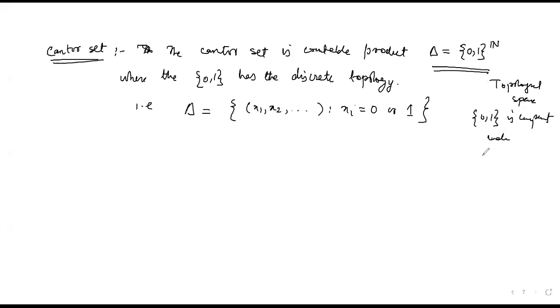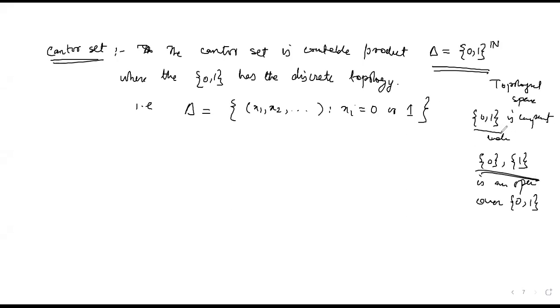In the discrete topology, this is an open cover of {0, 1}, because these are open sets in the discrete topology, so every cover can be reduced. There are only 4 open sets, so every cover is a finite cover and can be reduced to a finite subcover.